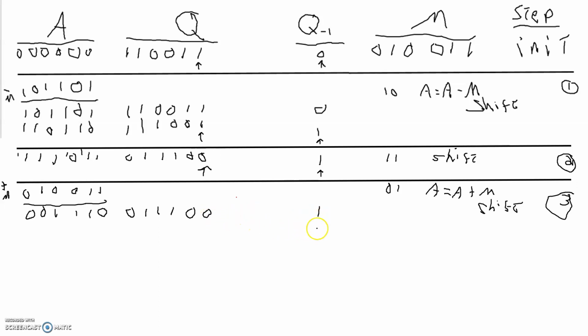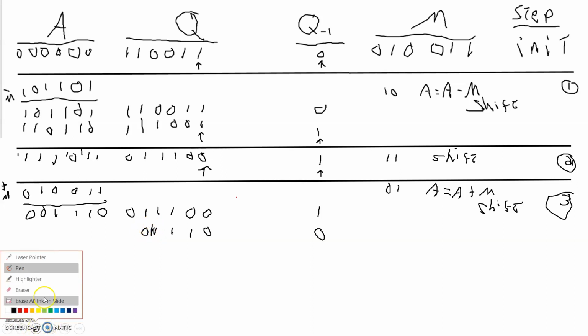So this 0 is shifting into Q minus 1, and this 0 is shifting here, the 1 is shifting here, 1 is shifting here, 1 is shifting here, 0 is shifting here. Okay, I apologize. This is a 1. When I tried to fix it, it made it worse.